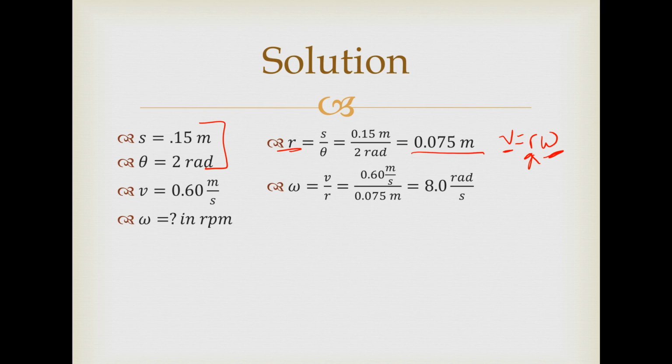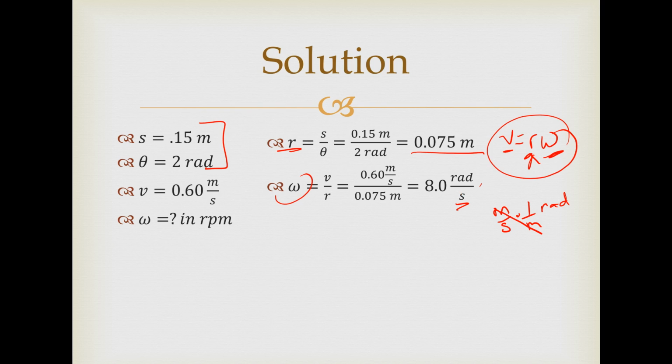From here, we can rearrange this so that we have our angular speed. But remember, when we cancel this, we got meters per second over meters. These meters cancel, and we're looking at rotational motion because we got rid of our length, our dimensional component, which gets replaced with radians. So we end up with radians per second here.